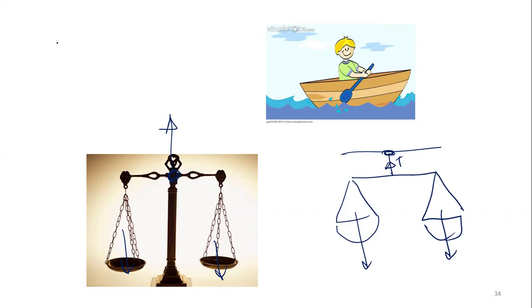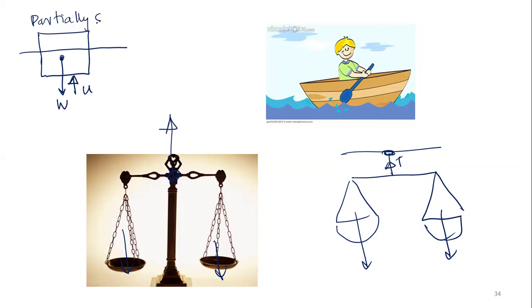Floating on water, can you all remember? Last week in our theory classes, previous weeks we did. One is floating partially submerged. There the weight of the object is acting. Who balances the weight of the object? Upthrust force. This is a partially submerged object. Then we have another situation called fully submerged object.